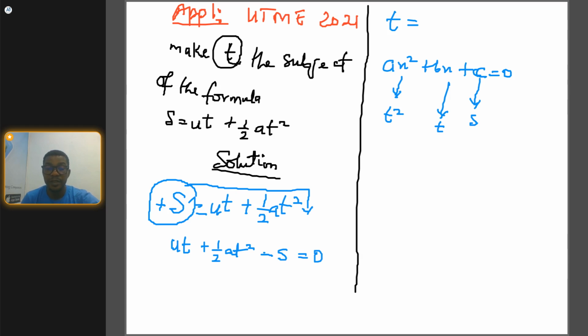Do you get that? So let's rearrange it so that it fits the arrangement of a quadratic expression. I will say 1 over 2 at squared, so that I have this as the first term of the quadratic expression. Then I will have plus ut, which stands for bx. Then I will have minus s equals to 0.